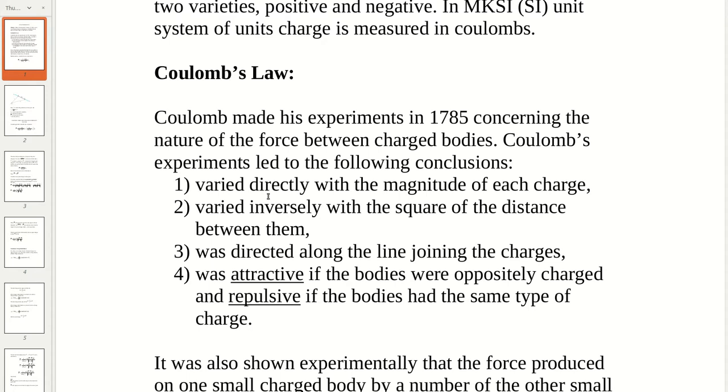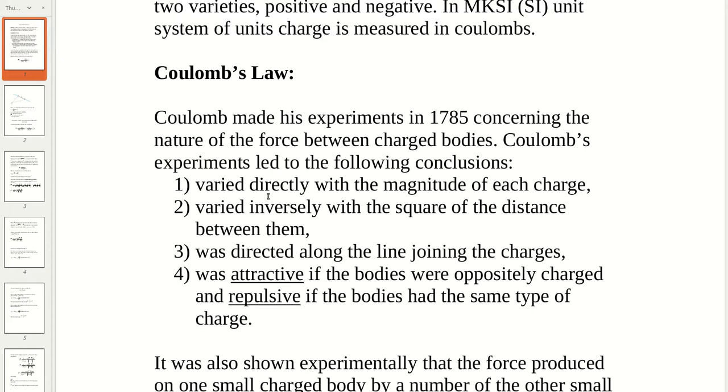It varies inversely with the distance. This is obvious: if you put both materials near to each other, they have a higher effect on one another than if they are far away.